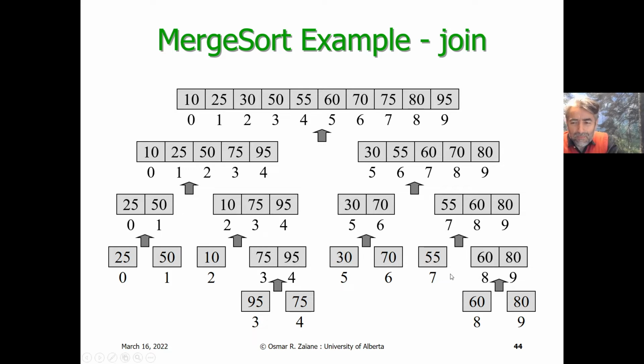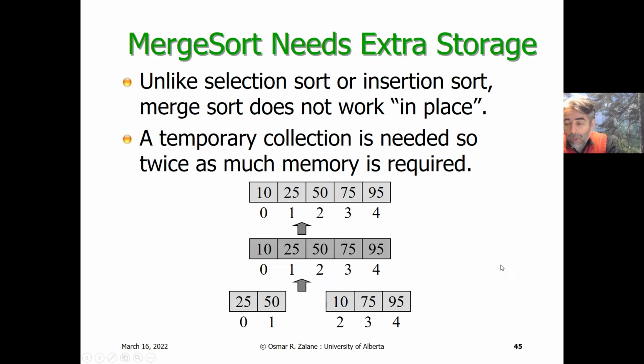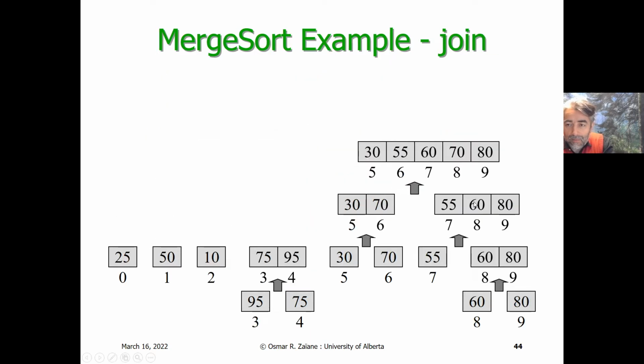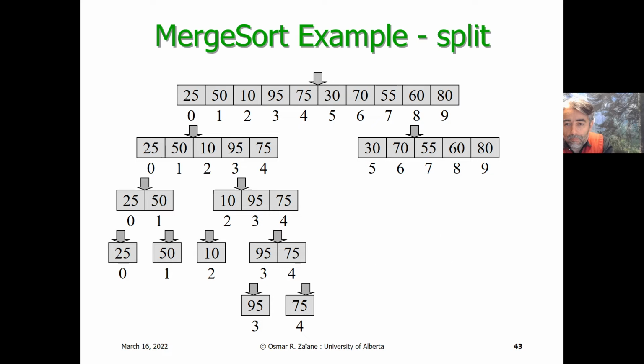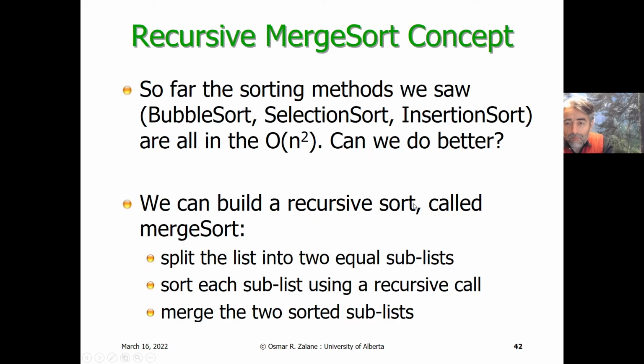Now, how does this merge happen? I just showed you, boom, we merge. Well, this is one of the, let's say, negative sides of the merge sort. If I go back here, remember the bubble sort, selection sort, and insertion sort.